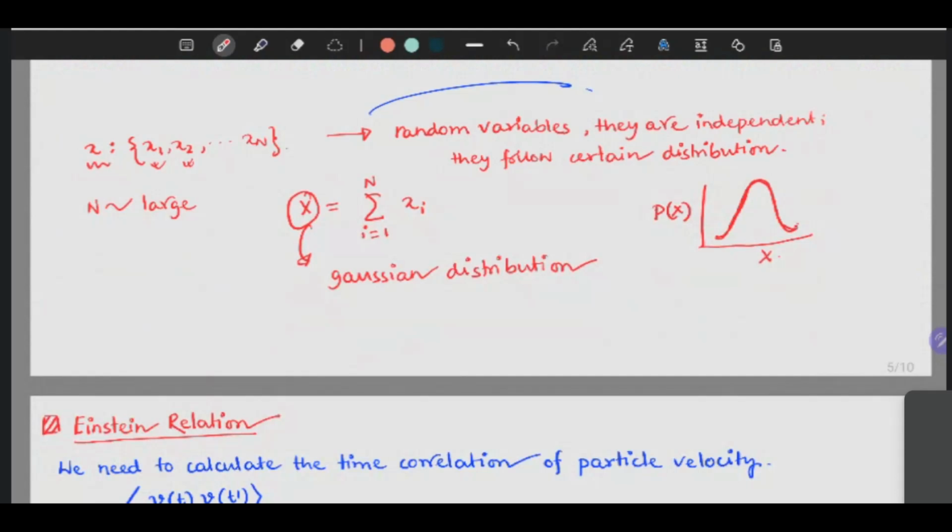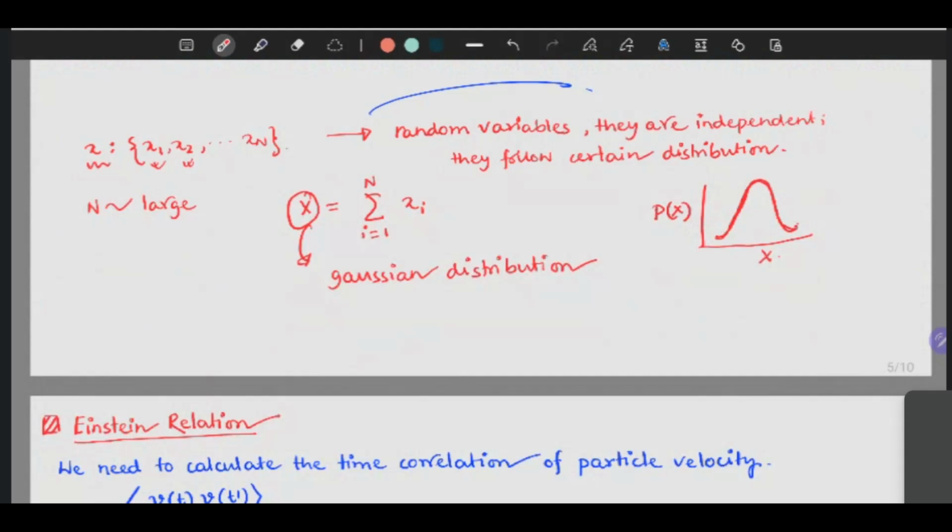So this is e to the power minus 2t by tau_v by m squared, and now what this is a sum. This integration can be done in two ways. Let's say these are two variables, t1 is varying in this way, t2 is varying in this way, and they both are varying from 0 to t.